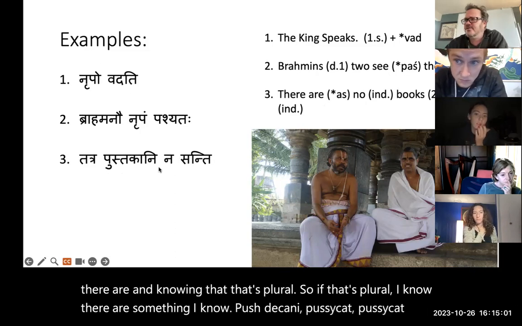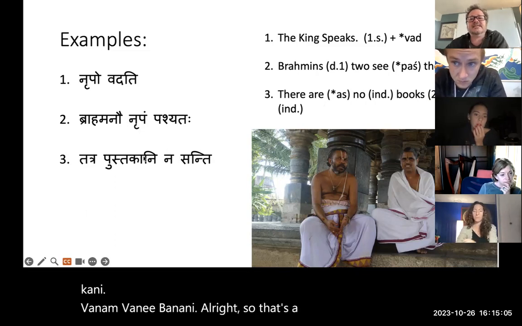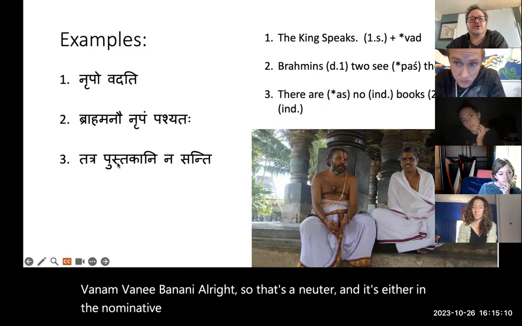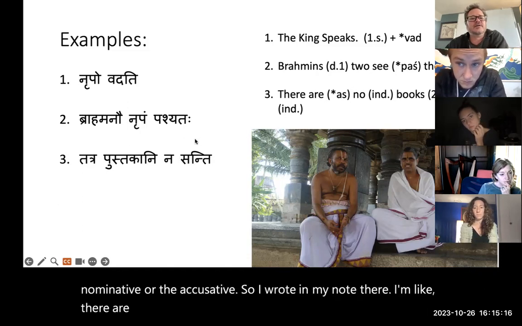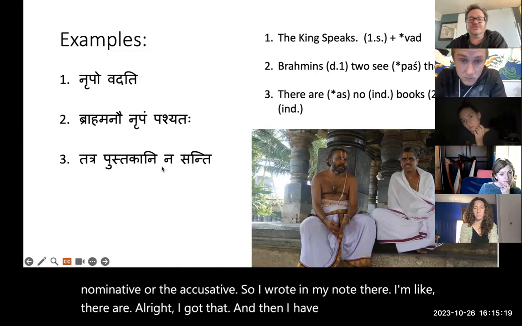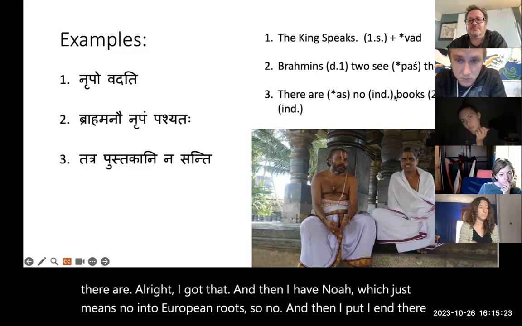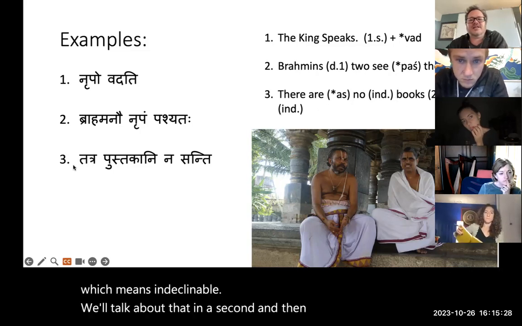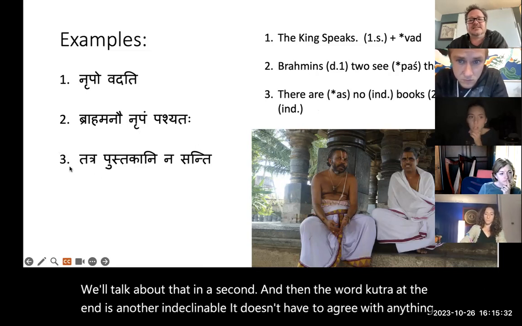pustakani, vanam, vane, vanani. All right, so that's a neuter, and it's either in the nominative or the accusative. So I wrote in my note there, "there are," all right, I got that. And then I have na, which just means no, Indo-European root. So no, and then I put ind there, which means indeclinable. We'll talk about that in a second. And the word tatra at the end is another indeclinable. It doesn't have to agree with anything. It just exists in the sentence.